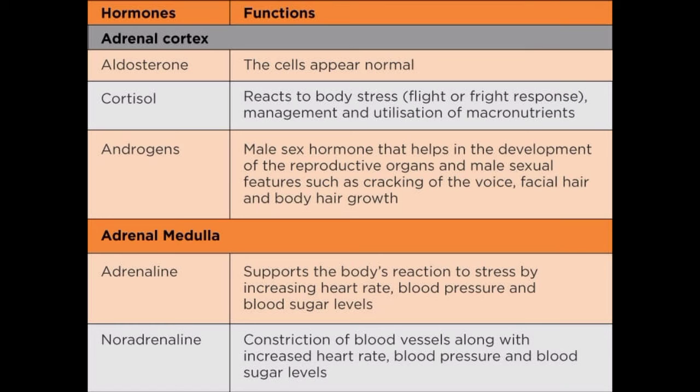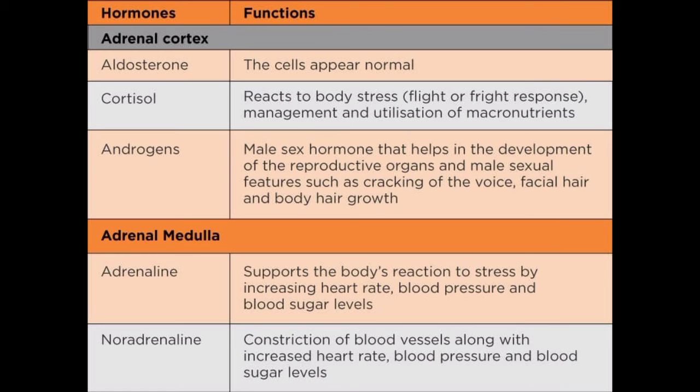Now we are talking about the next part of the adrenal gland, that is adrenal medulla. The adrenal medulla releases adrenaline and noradrenaline. Adrenaline causes stimulation of the sympathetic nervous system and is also called the emergency hormone. It prepares the body to meet fear, fight or flight.